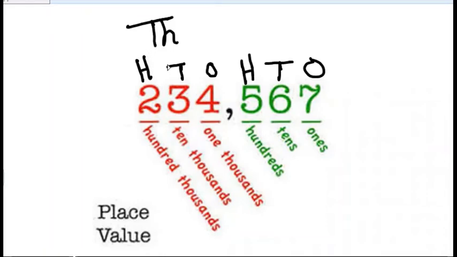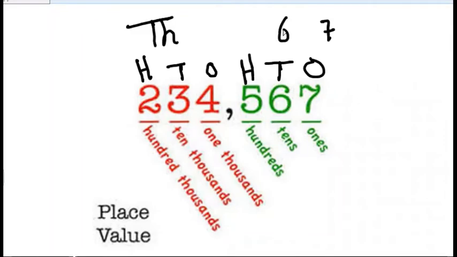Okay? Now, can you tell me the value of each digit? What is the value of 7? 7 is 7. Any digit in the ones place is just 1 unit. Okay, so the value of 7 is 7 only. What about 6? 6 tens equal what? 6 tens is 60. How many zeros?